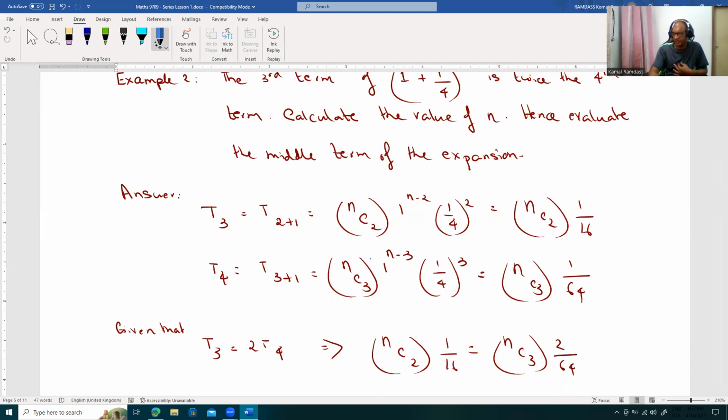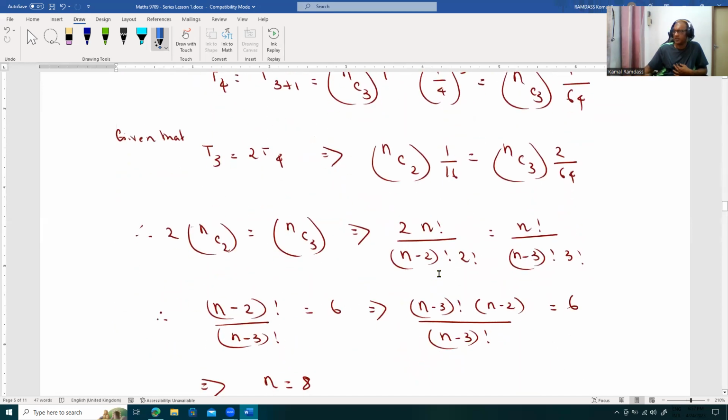The fourth term, T(3+1), is nC3 × 1^(n-3) × (1/4)^3, which equals nC3 times 1/64. The third term is twice the fourth term, so nC2 × 1/16 = nC3 × 2/64.